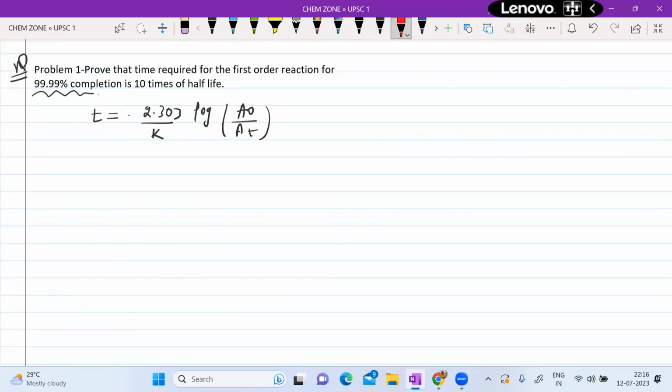First of all, during answer writing, we need to mention each and every term used in this formula for getting good marks.